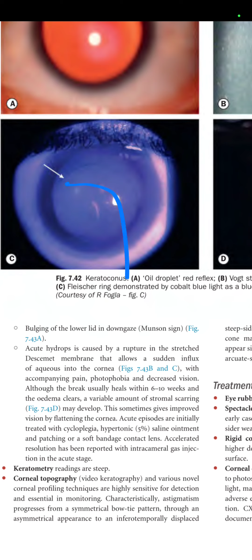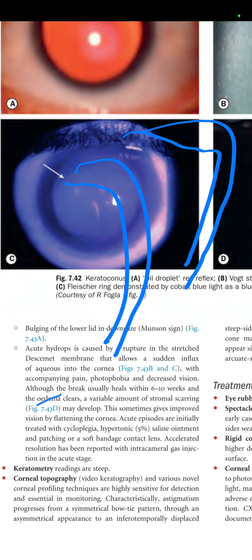So what is acute hydrops? Basically, in a case of keratoconus, the cornea is protruding like this, and when it is protruding like this, the Descemet membrane becomes very stretched, and sometimes it gets ruptured. When the Descemet membrane is ruptured, the endothelium is not functioning properly. It causes an influx of fluid at that area of the cornea, and it causes corneal edema at that site.